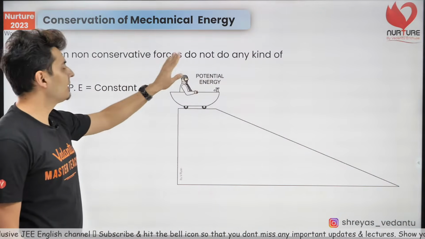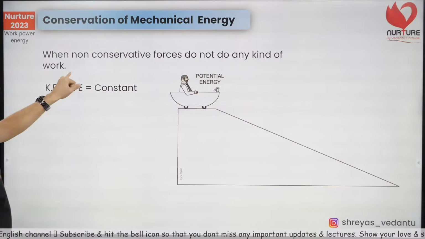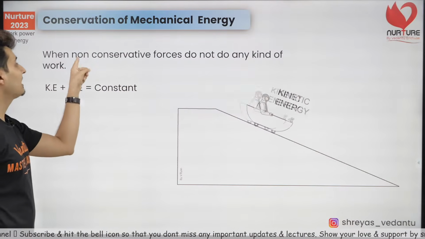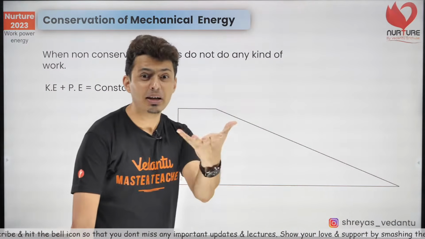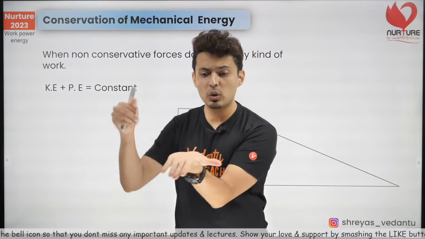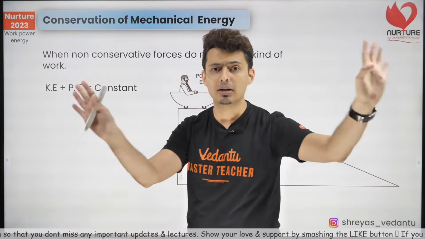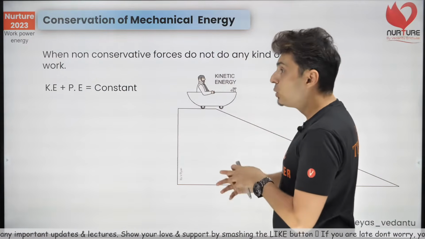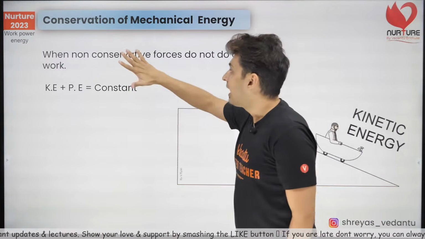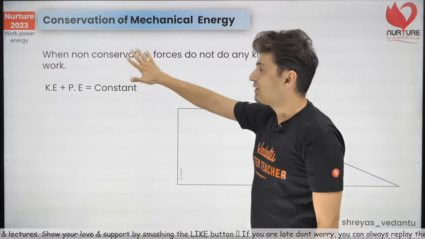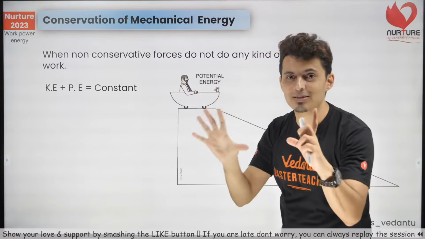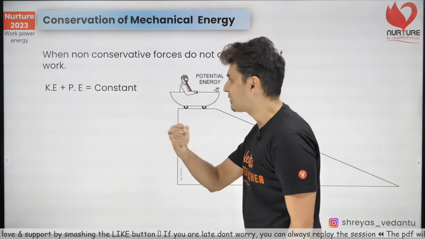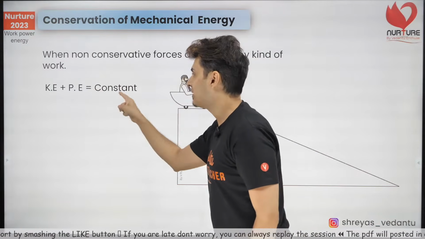So the non-conservative forces are the destroyers. These are like bacteria, virus, fungus. You take a bread, you do not add preservatives, leave it outside, gone, destroyed. So when non-conservative forces are doing some work, it's not preserved. And when there is no work done by non-conservative forces, and only conservative forces are there, then the sum is constant.